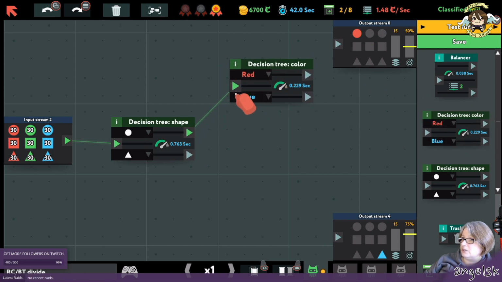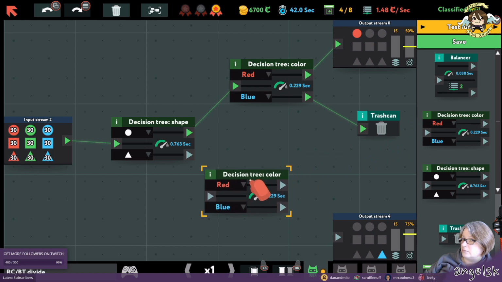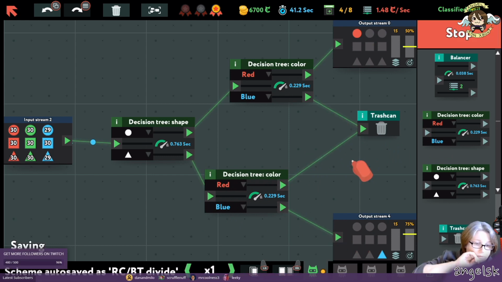So we could just do red circle. Blue triangle. See what that is.